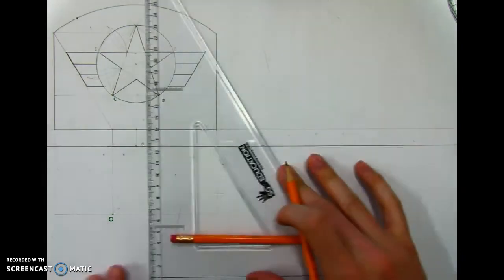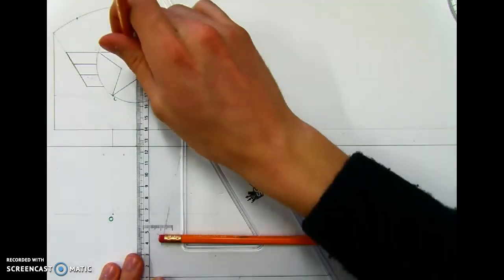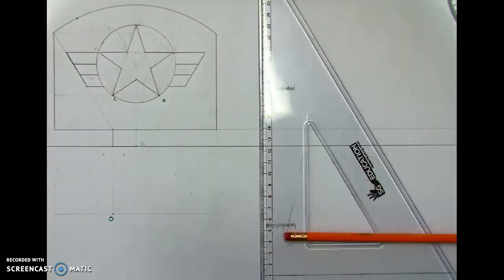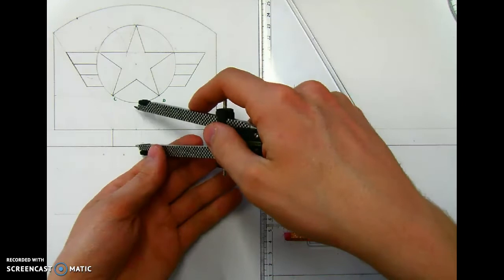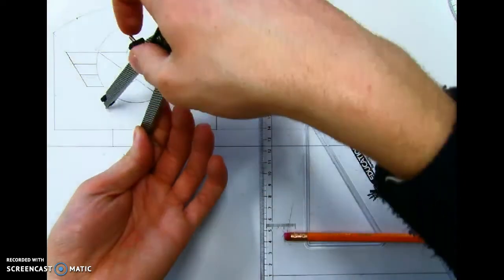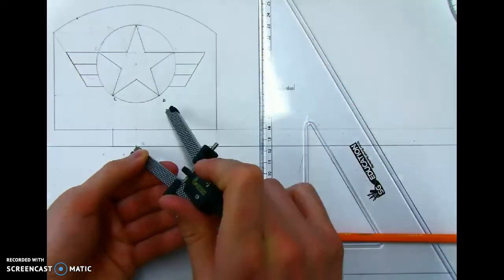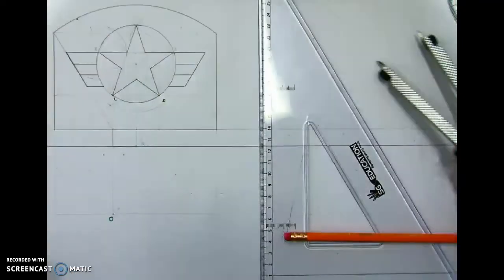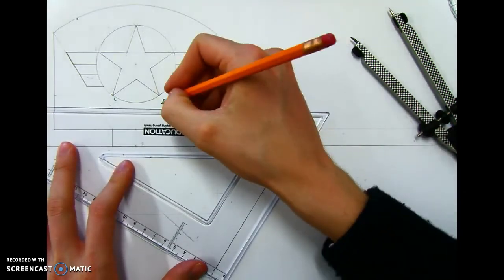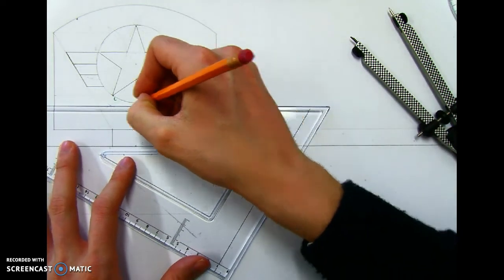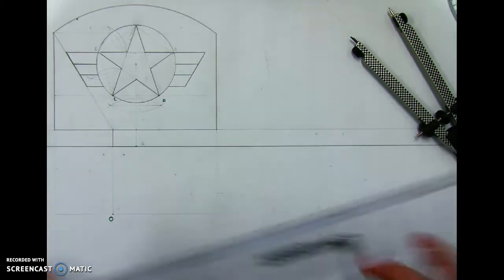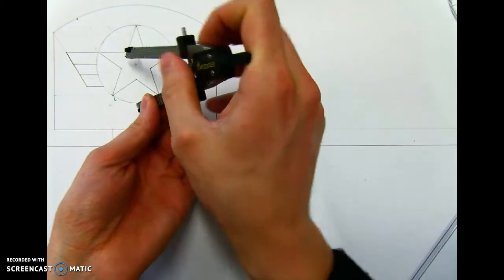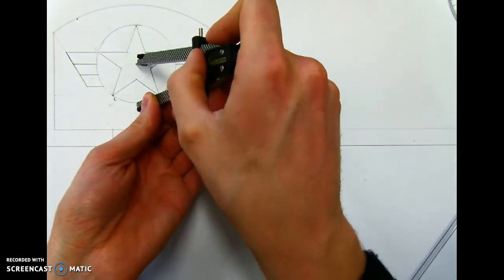To do that, we must first of all join the centers, bisect the distance between the point and the center of the circle, and then draw from that center point an arc through both points.